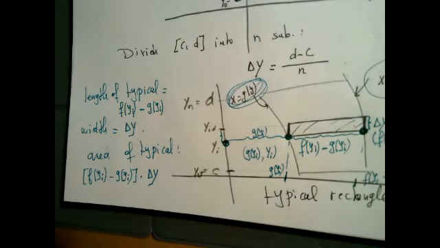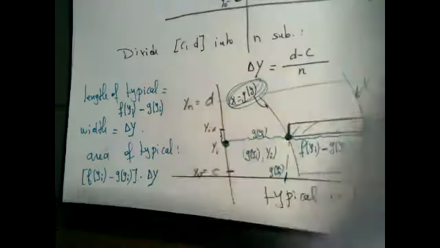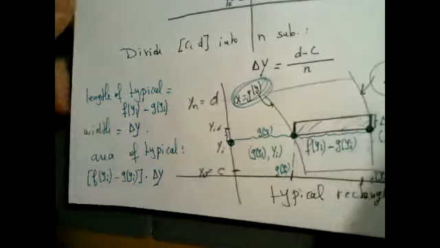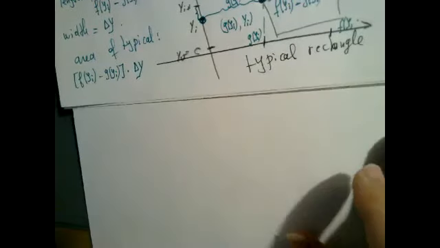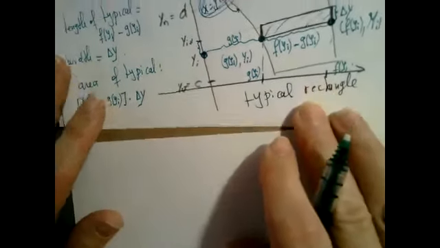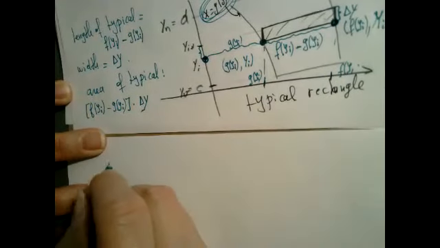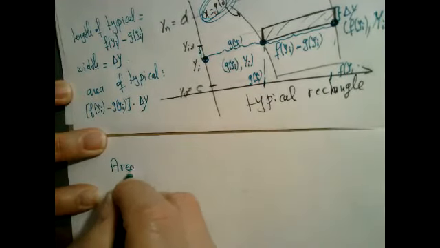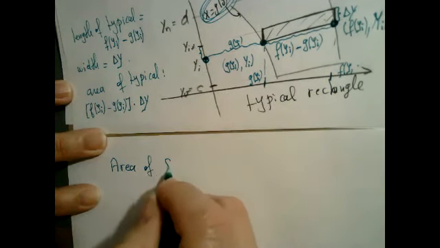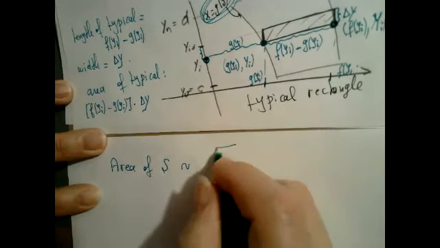Now, finally, what's the area of the region? And then we stop. So I emphasize a little piece, and then I generalize. So the area of S is almost equal to the sum.